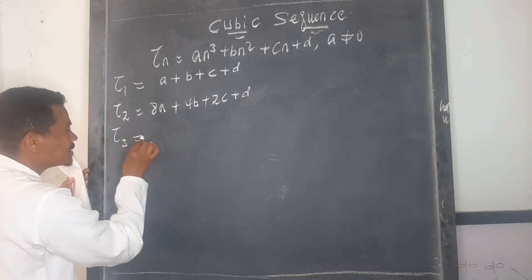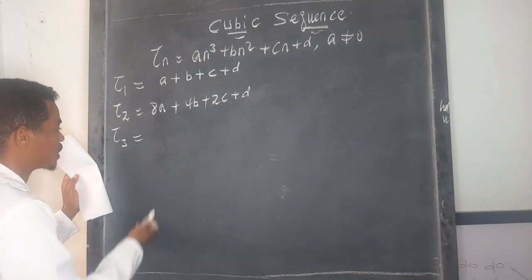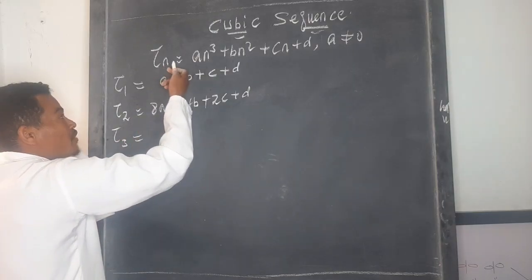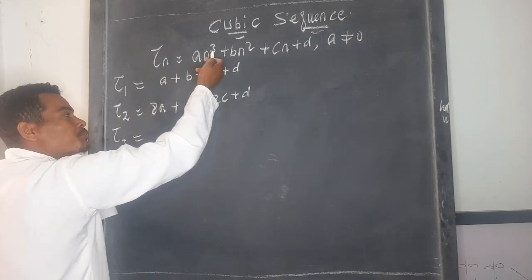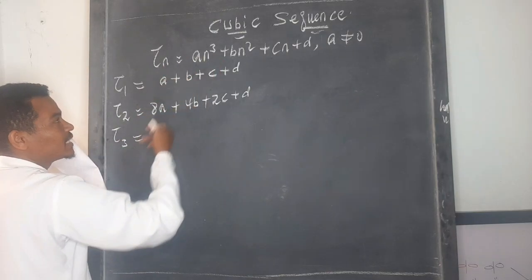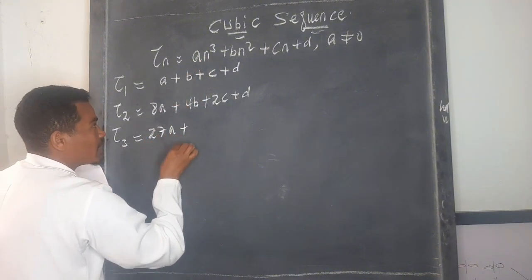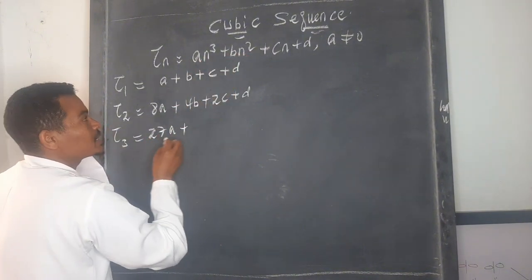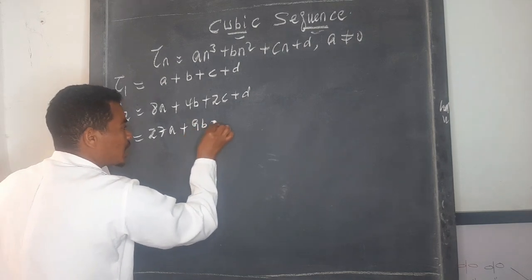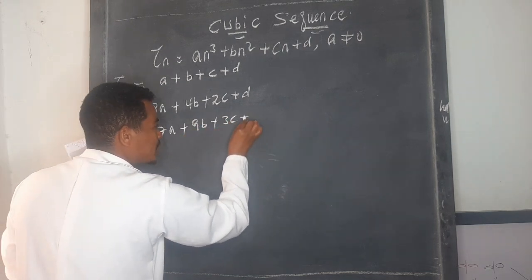T3 means the third term, replacing n with 3. 3 cubed is 27, so 27a plus 3 squared is 9b plus 3c plus d.